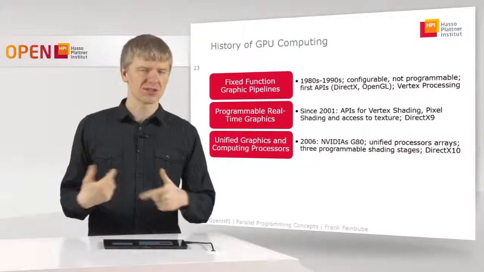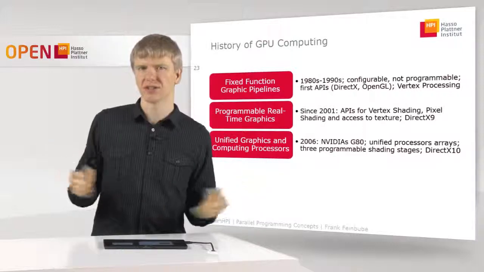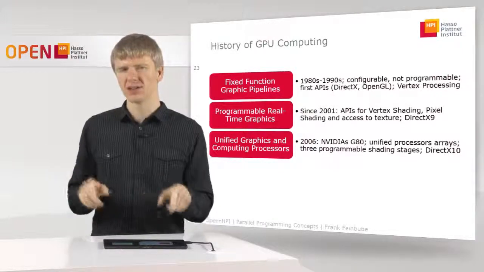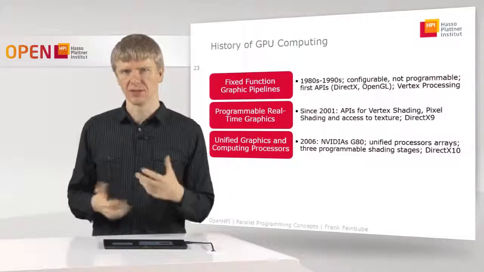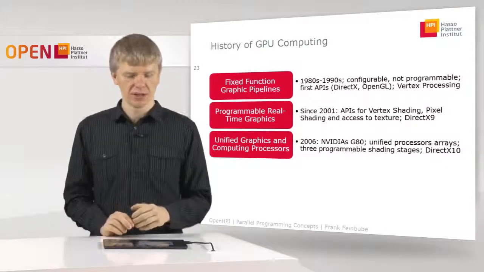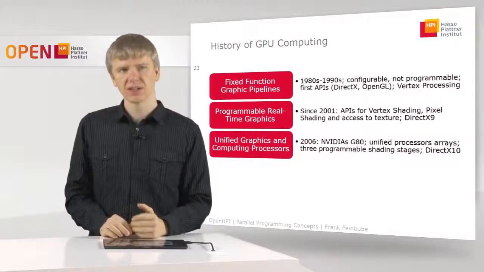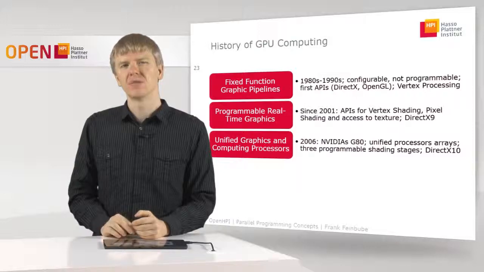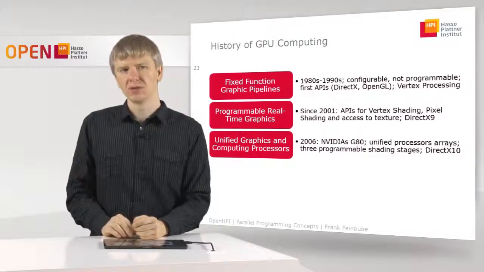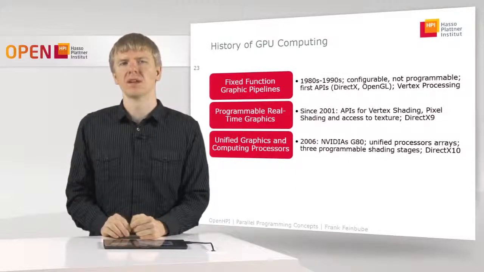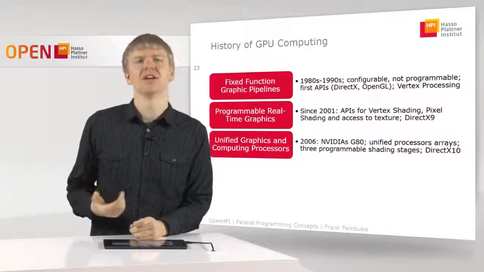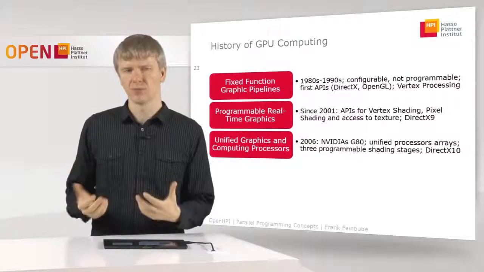You got access to textures and could do something with them, like making the edges a little bit stronger or making it a little bit more reddish. And then in 2006, NVIDIA came up with a new model where they unified those shading stages and allowed them to be really programmable.